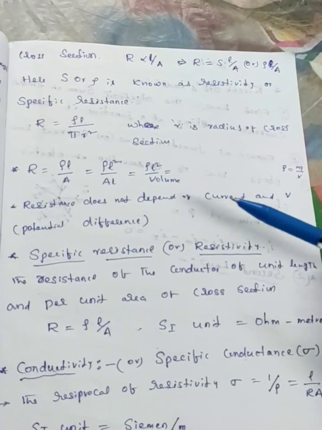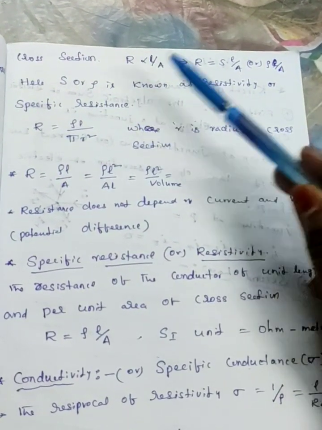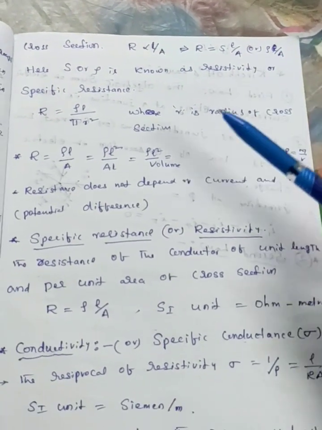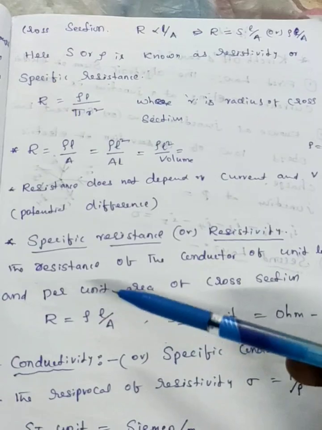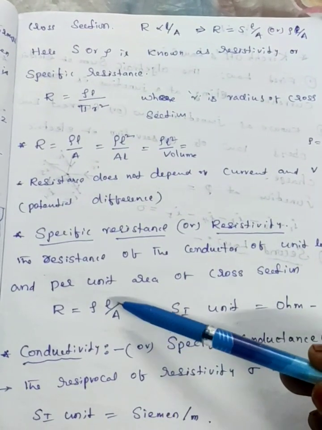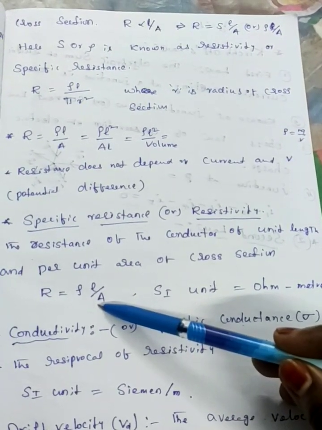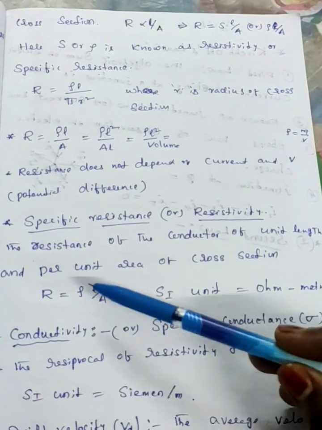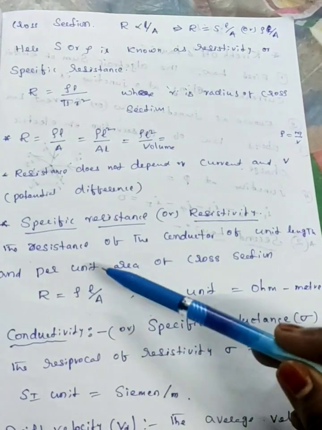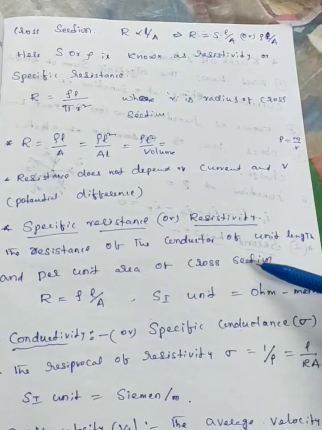Now how do we define this specific resistance, otherwise resistivity, based on the formula? Here rho is equal to RA by L. That means it is the resistance of a conductor per unit length and unit cross sectional area.